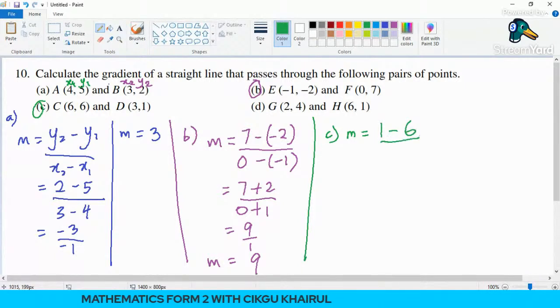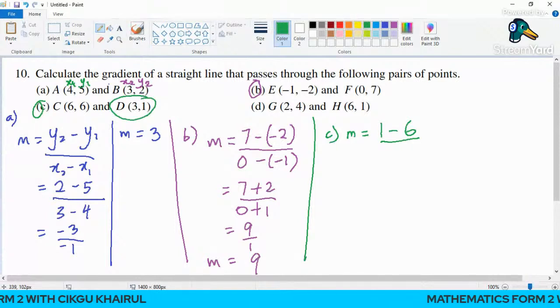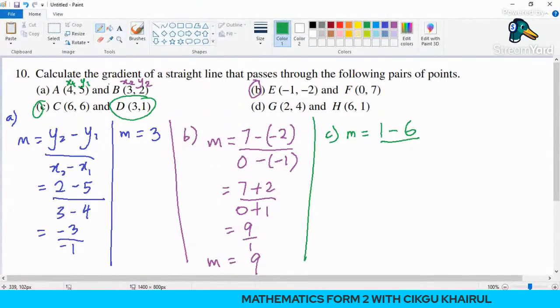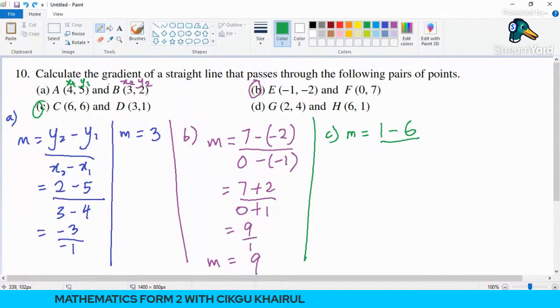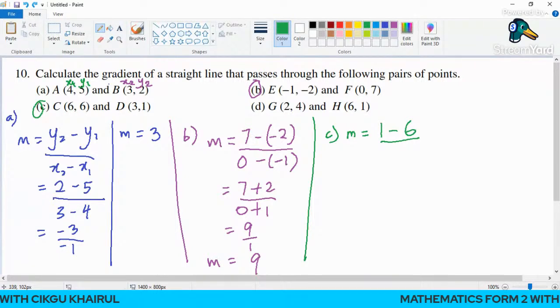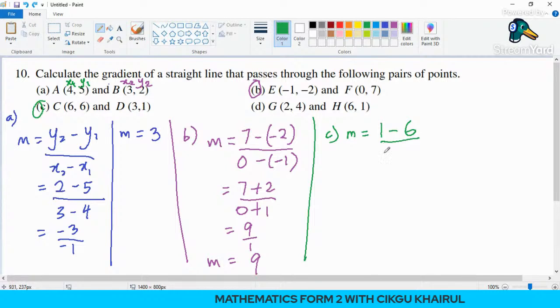Okay. Remember, I choose D as point 2. I start with D. D minus C. Y from D minus Y from C. X from D minus X from C. Okay. So, 1 minus 6.